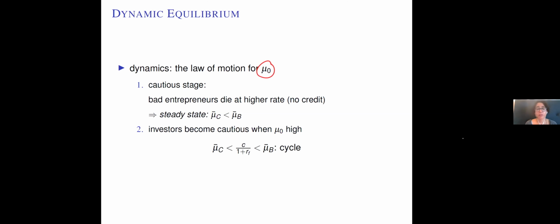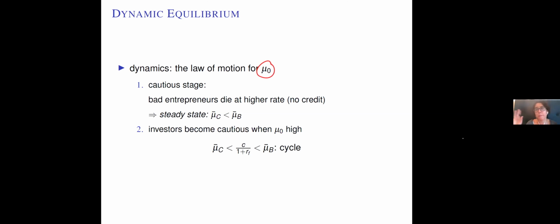So remember, the law of motion is determined by some exogenous death rate plus credit market conditions, if they get funding or not. In the cautious states, bad entrepreneurs die at a higher rate because they die exogenously and they don't get credit. That means we can think about comparing two hypothetical steady states, one in which investors choose cautious tests, and one in which investors choose both tests.